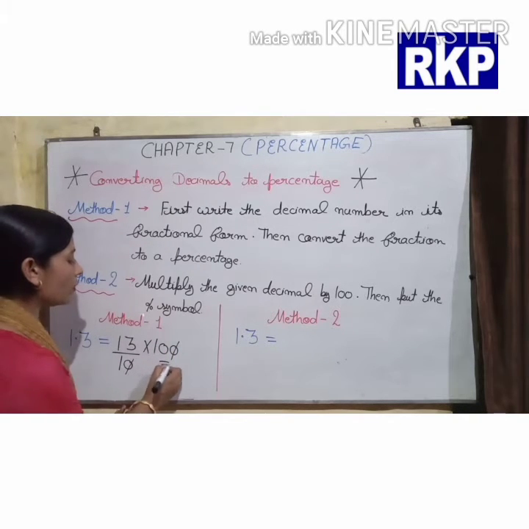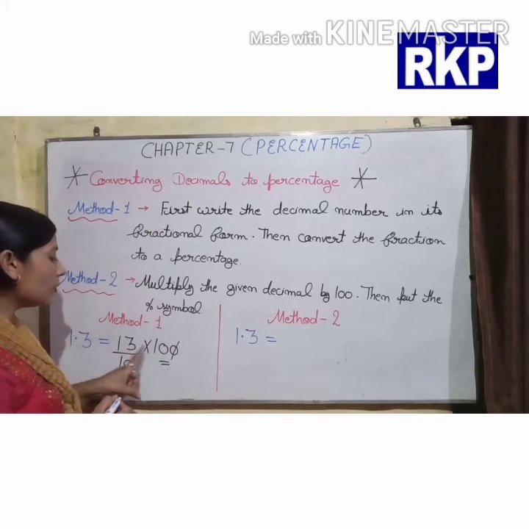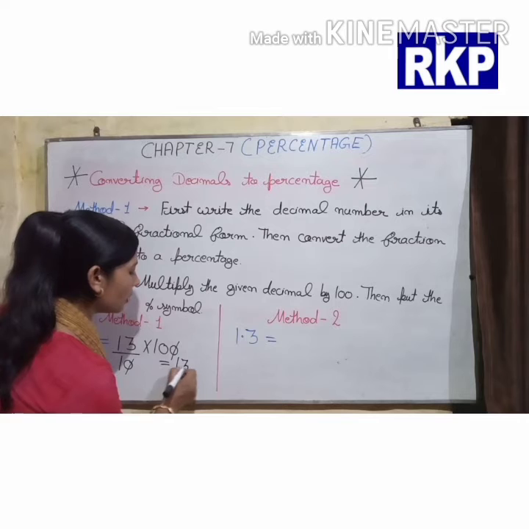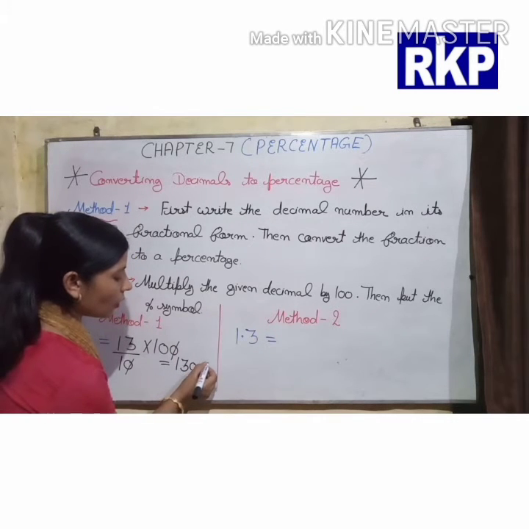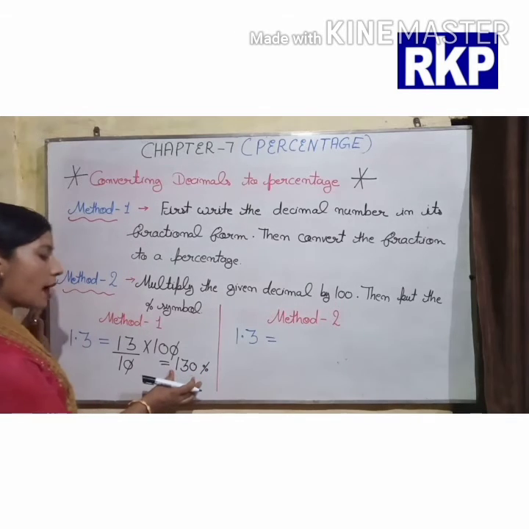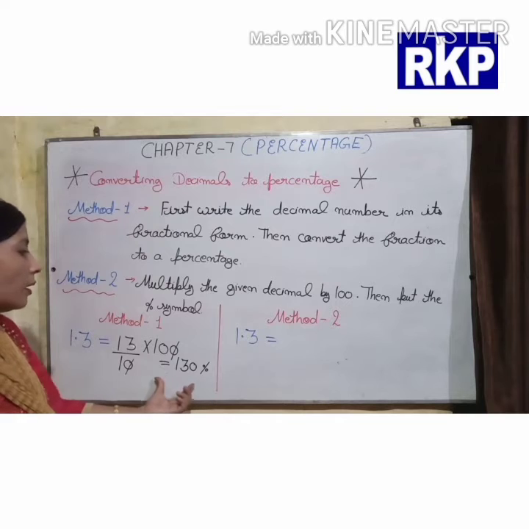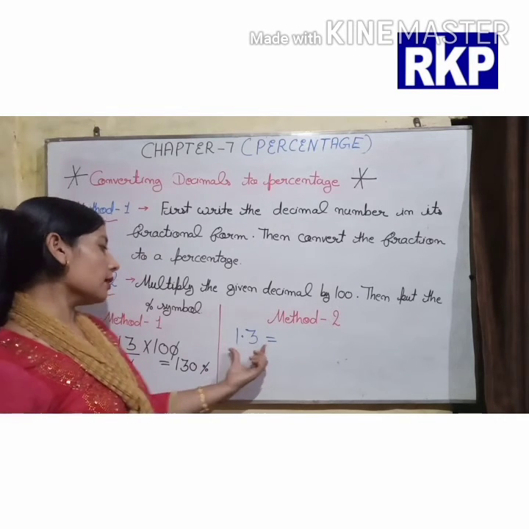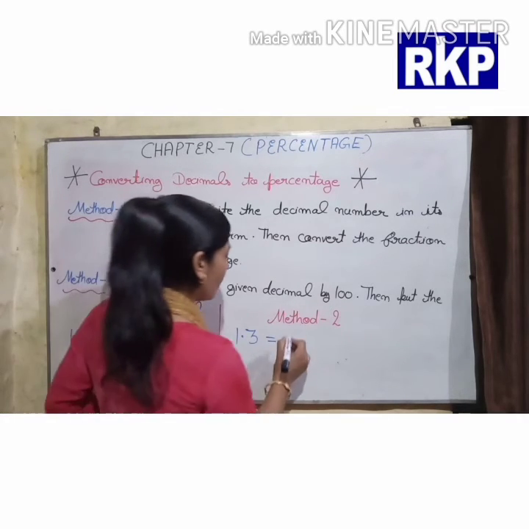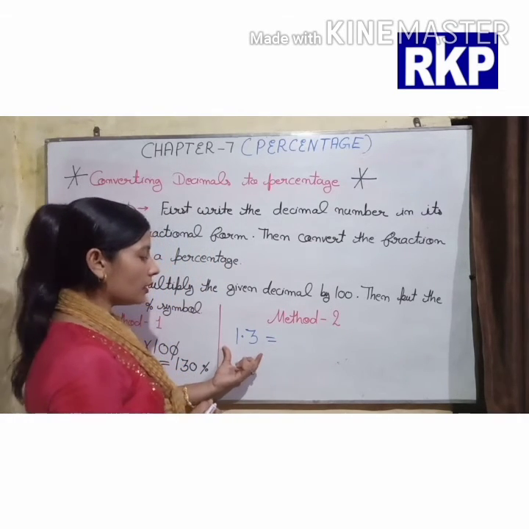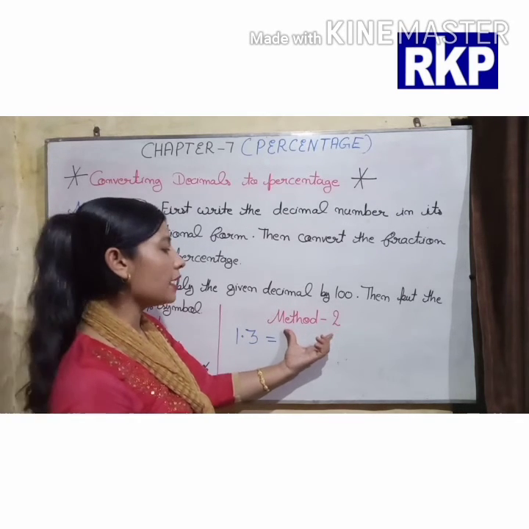Okay, now here we have 13 and here 10, so we have to multiply 13 with 10 and we will get 130, and now we have to put the symbol of percentage with this answer, so 130% is the answer. Okay, now let us take this same example, okay, by the second method also. Here beta we have 1.3 and now we have to solve by the second method.